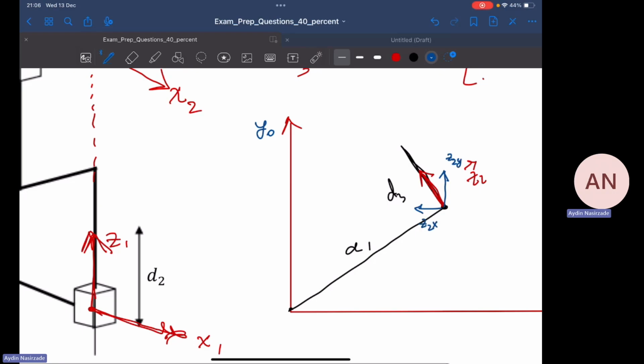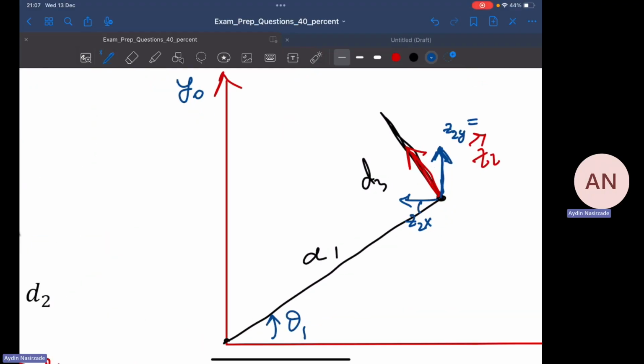Now, this particular vector is going to be what? The unit length, which is 1, times, first of all, let me draw the angles too. This is theta 1, okay? This becomes theta 1 as well. This is pi by 2 minus theta 1. So if this is pi by 2 minus theta 1, this angle becomes theta 1, right?